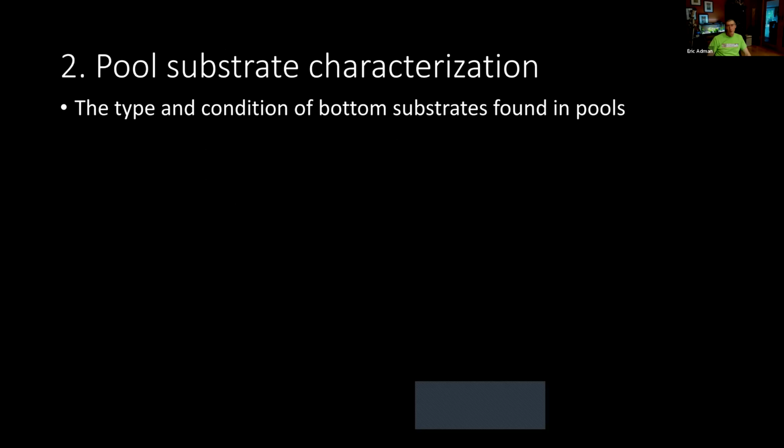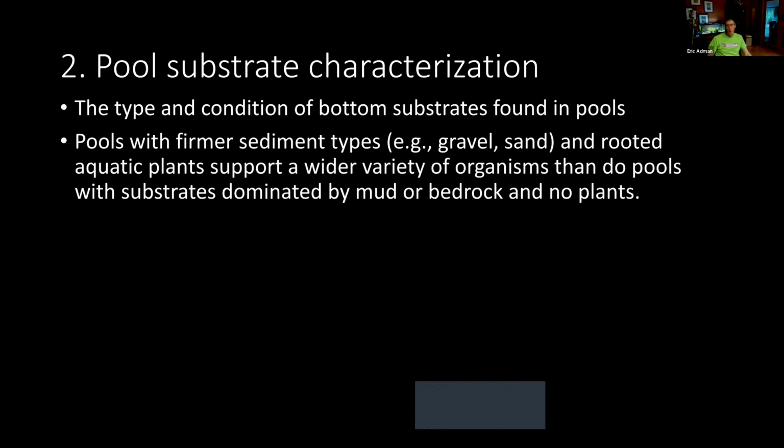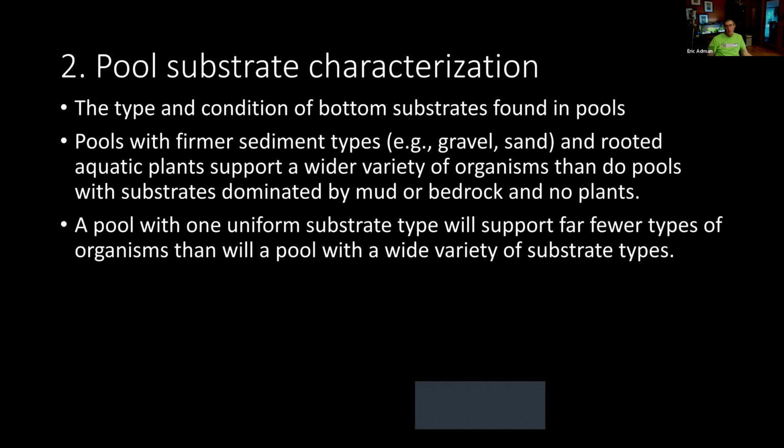In terms of the pool substrate, what's going on in the pools in this muddy bottom stream? Does it have more gravel and sand and plants growing in it, or is it more muddy and silty?